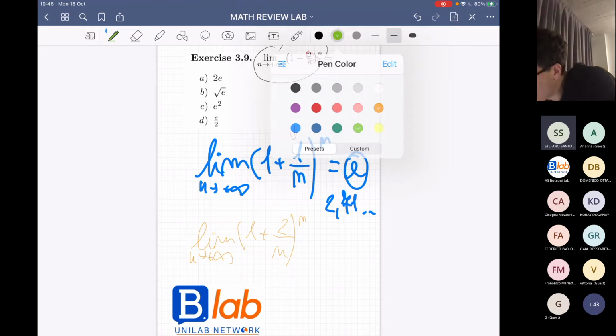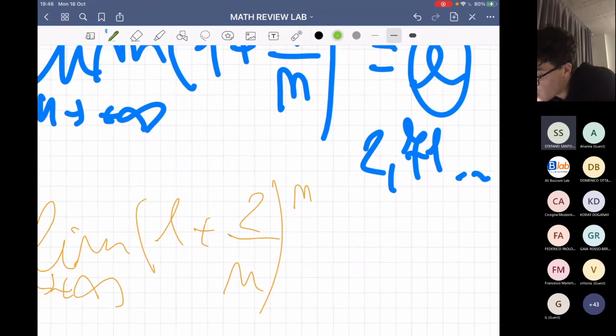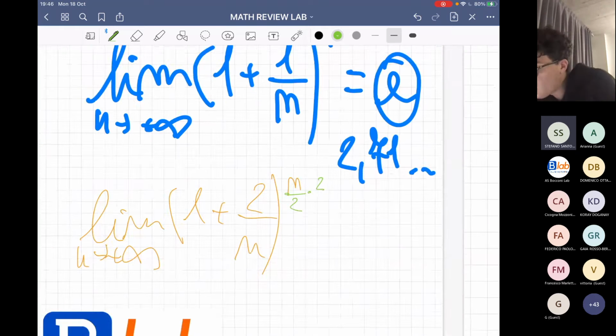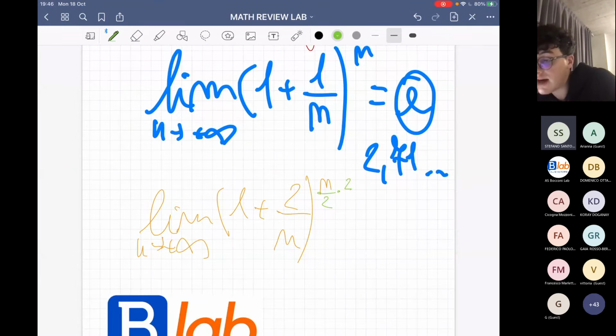We are allowed to put a 2 over here in order to apply this theorem, and then we multiply by 2, because by mathematical laws we can multiply and divide by the same number, so it's always n, but we do it to use this theorem.